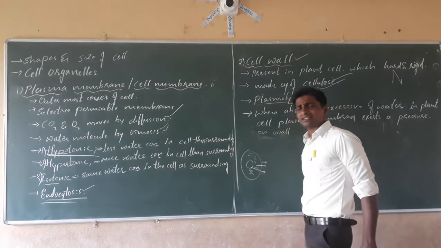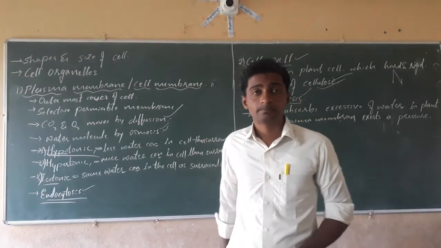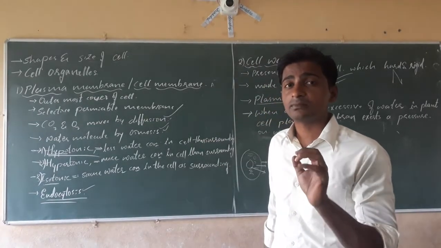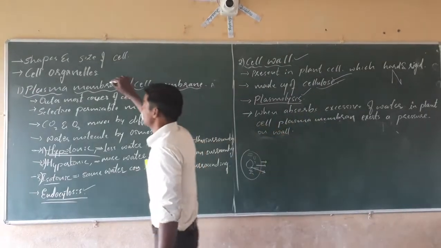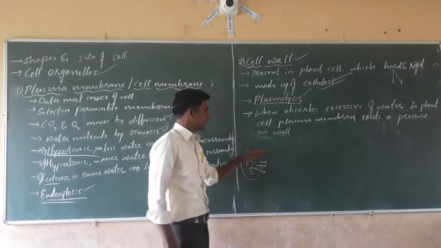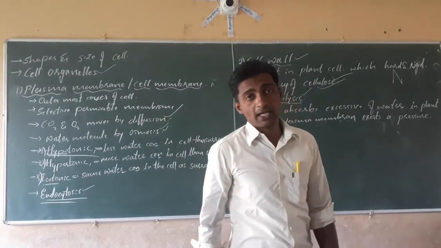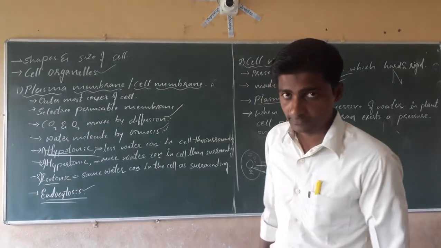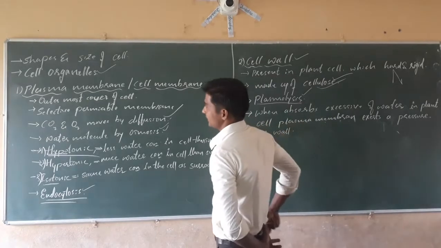There are a number of cell organelles, or living bodies, or cell bodies we can also say. The living bodies which are present in the cell cytoplasm are called cell organelles. They have their specific functions. Later we will study these cell organelles in detail.